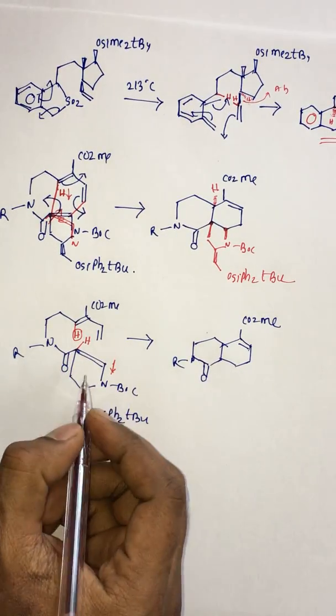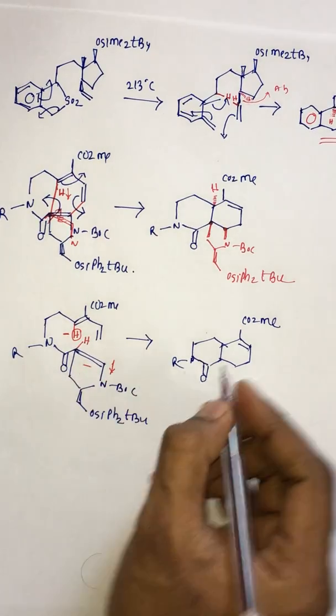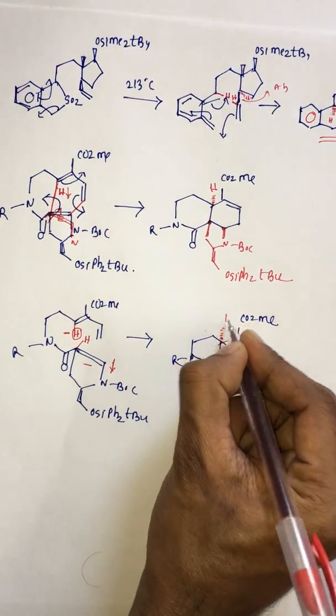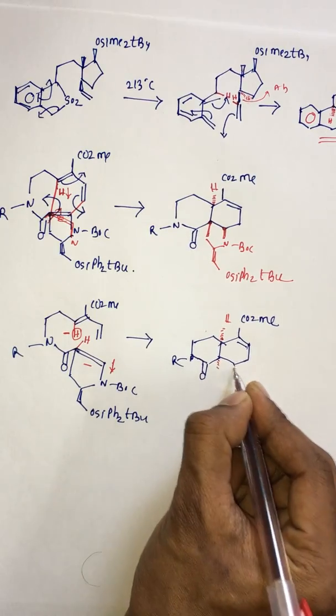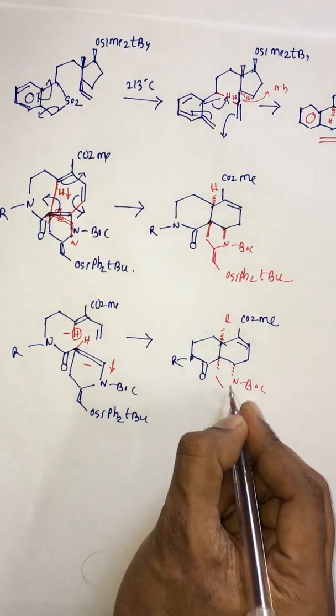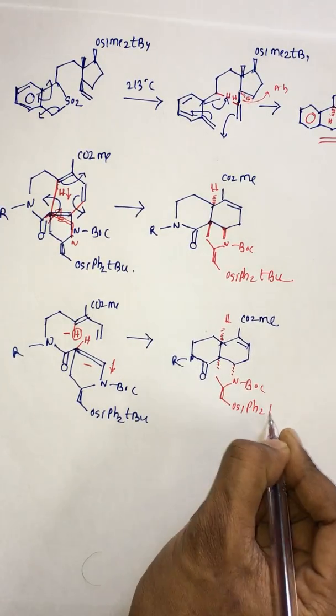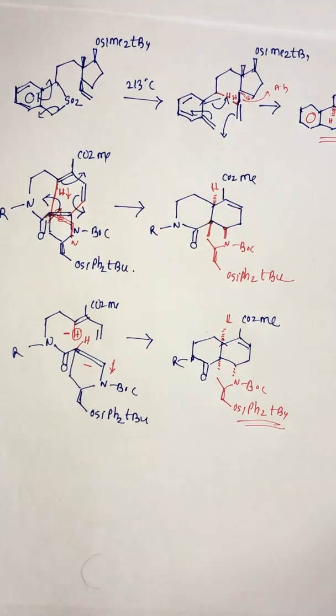Now we have to focus on this hydrogen and this group. They are cis to each other. If this is below the plane, this should also come below the plane. This is the product.